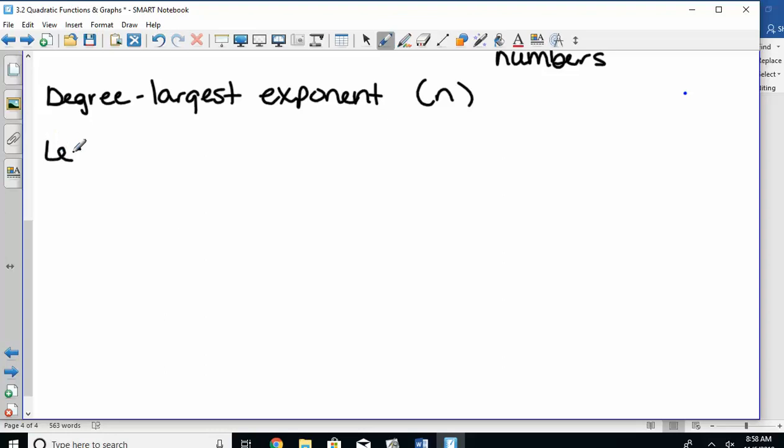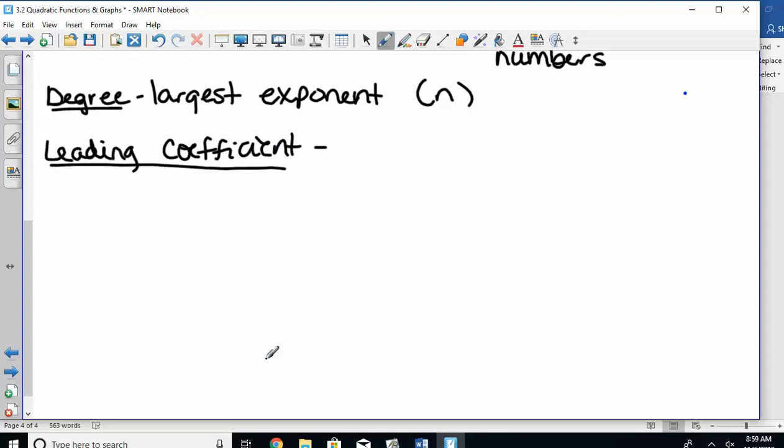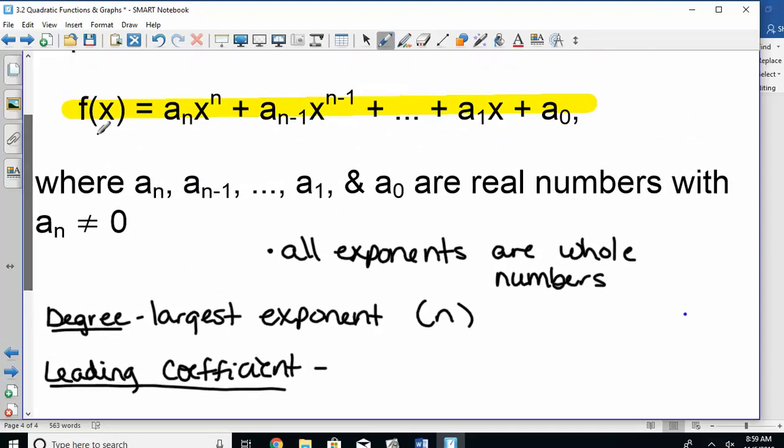The leading coefficient, you know what that is? Largest number? Close. It's the number with the x that has the highest power.